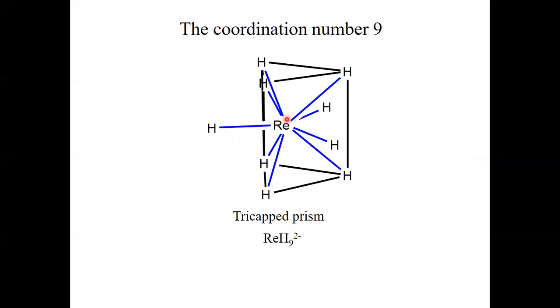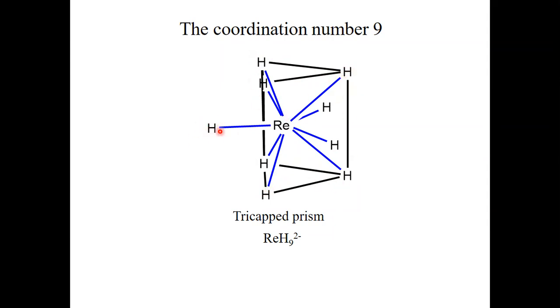You see here the rhenium in the center of the prism, and we have 6 hydrido ligands here and 6 hydrido ligands here that make the prism. See that this triangle here and that triangle here stand eclipsed relative to each other. And then we have 3 caps above the 3 squares here.